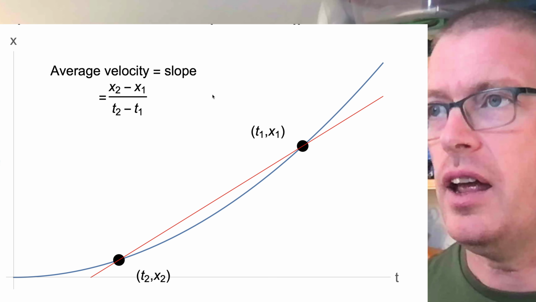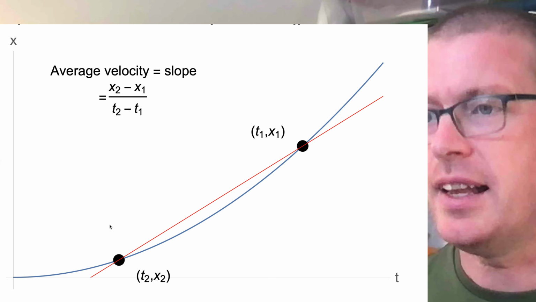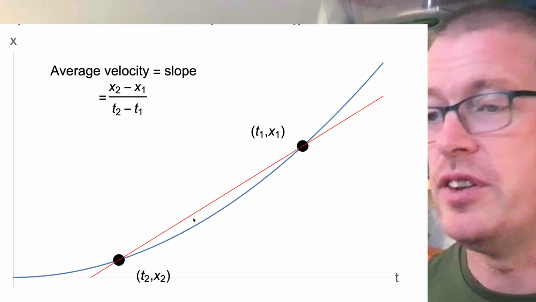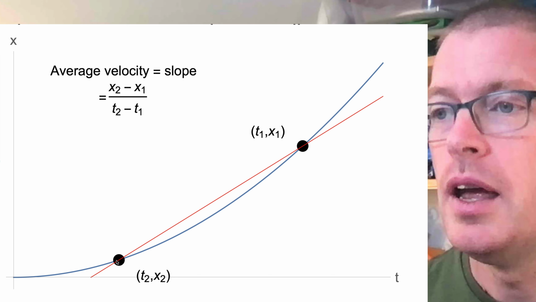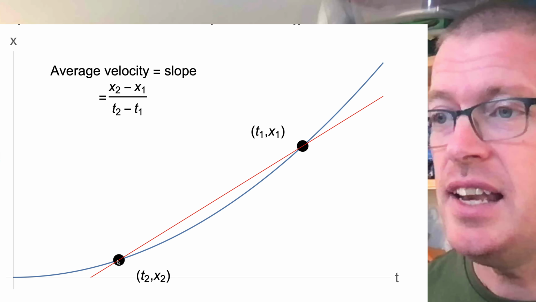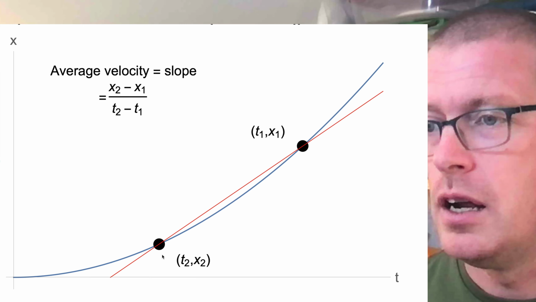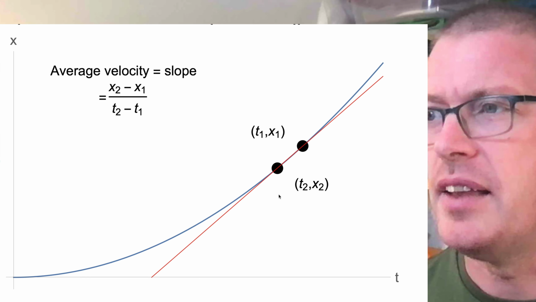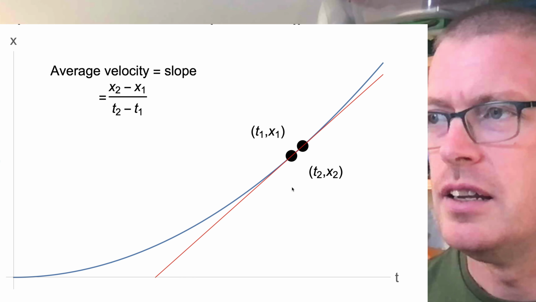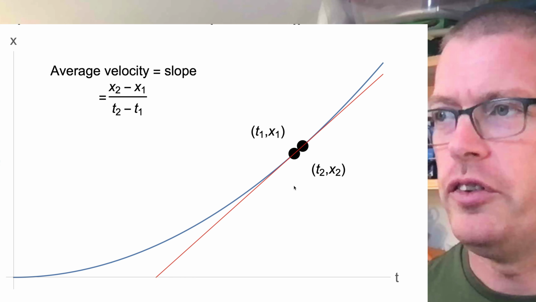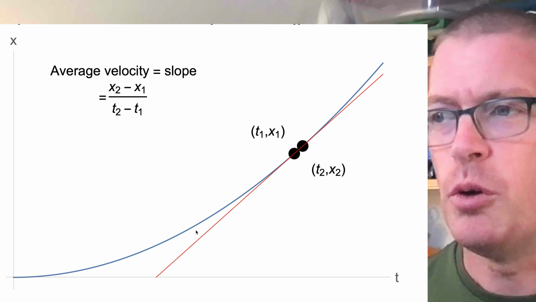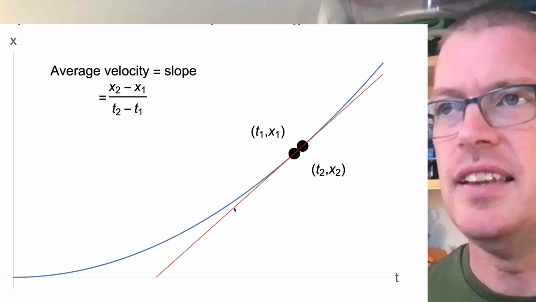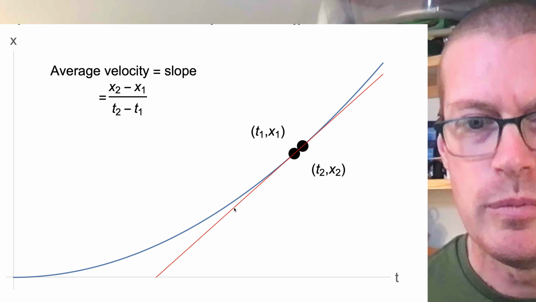So again, the average velocity is the slope of the secant line, which I've drawn as this red line through these 2 points. And if I want the instantaneous velocity, I move these points closer and closer together, and that secant line gets closer and closer to the tangent line, and the slope of this tangent line is the instantaneous velocity.